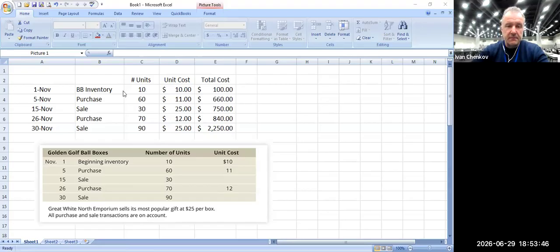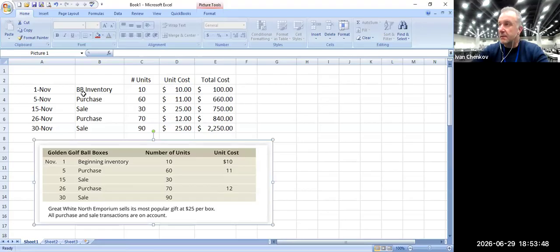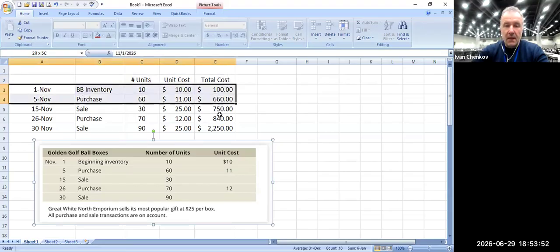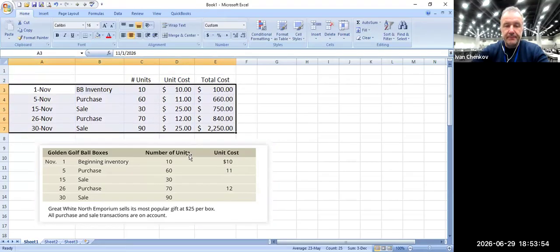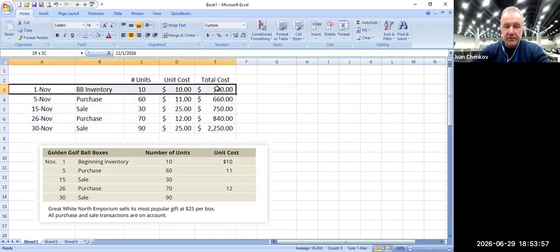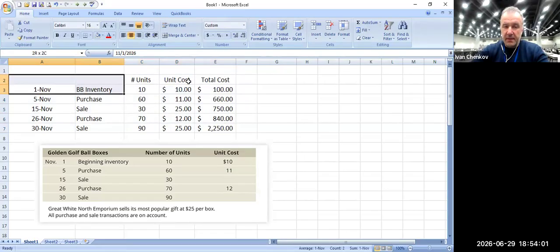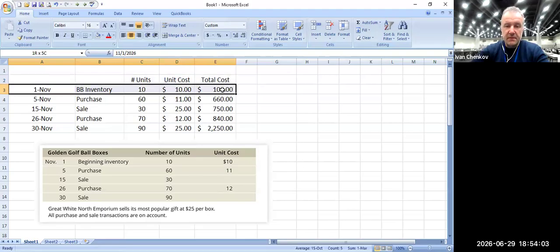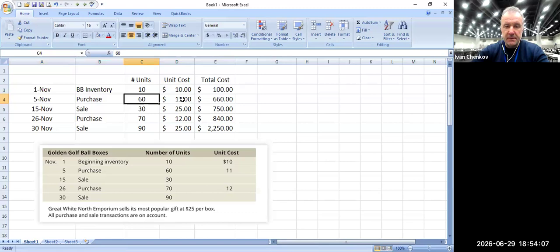This is what happened in reality in our company. They're purchasing inventory. They had the beginning balance on November 1st. On November 5th, they purchased 60 units at $11, and that cost them $660.